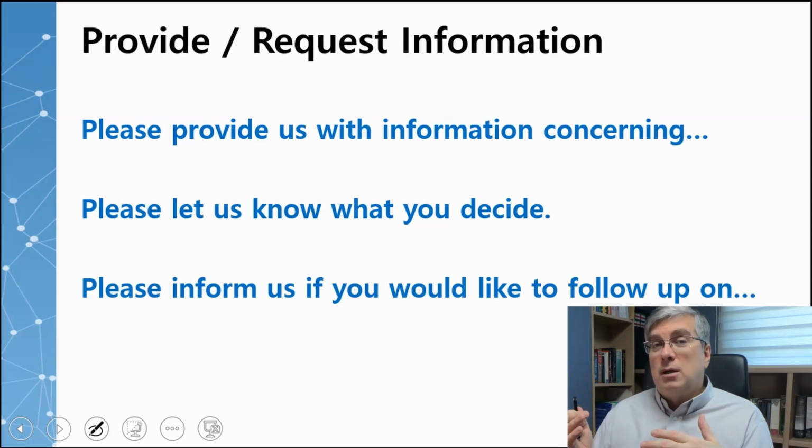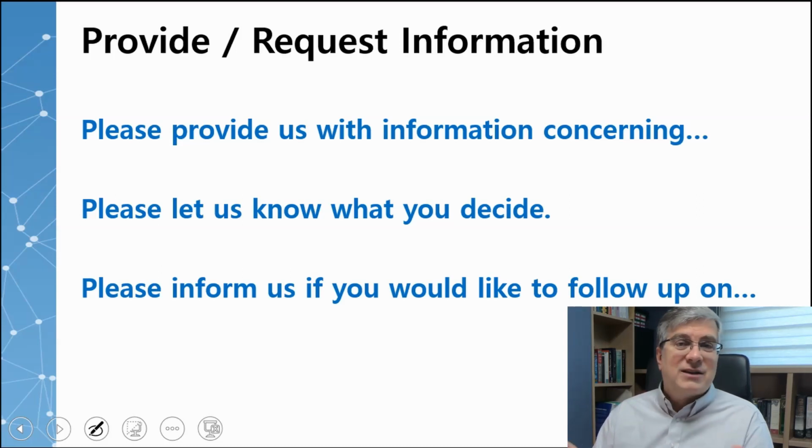If you are interested in our very initial proposal at the beginning, please let us know what your decision is. Or please inform us if you would like to follow up on our proposal. So these are good ways to also request information from them, whether it's just a yes/no answer or specific information about their products or services.